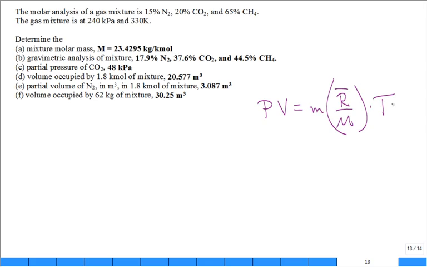You're given that the mass is 62 kilograms. You already know the molar mass. Or another way to think of it is to calculate N, how many moles. So I have the mass divided by the molar mass, and I get back to how many moles of the gas I have. Once I have the kilomoles, then it's just like the previous problem. So it comes in about 30.25 meter cubed.